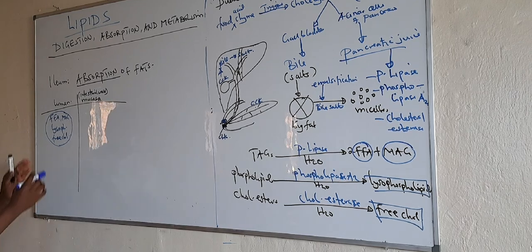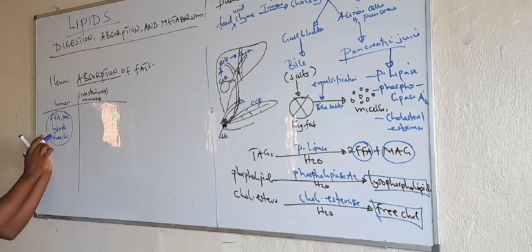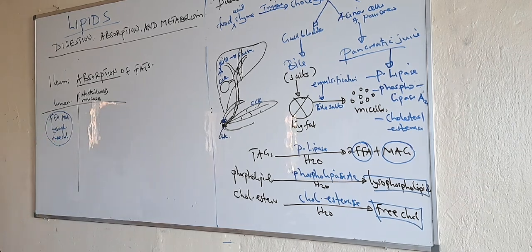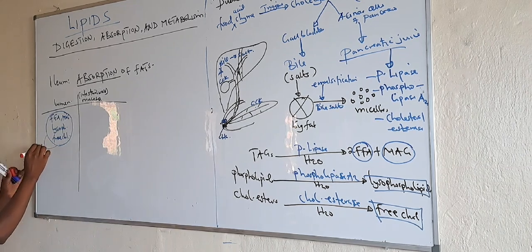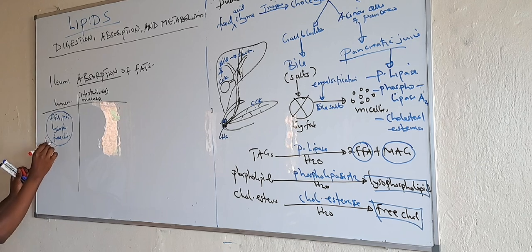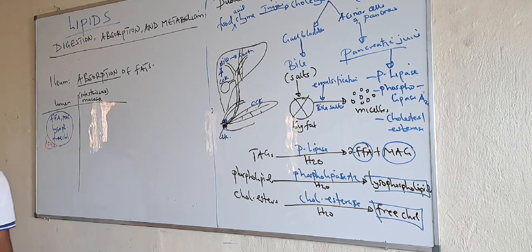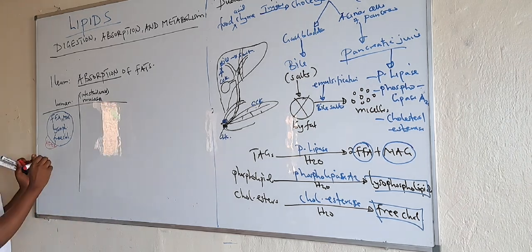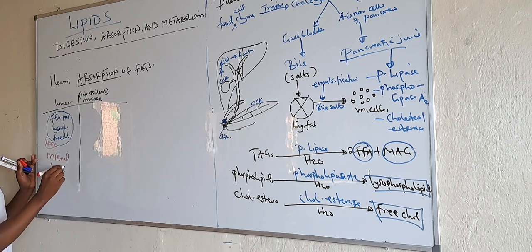We have found that these products of digestion, the free fatty acids, the monoacylglycerol, the lysophospholipid, and the free cholesterol, combine with the fat-soluble vitamins A, D, E, and K. And after combining, they form what we call a mixed micelle.